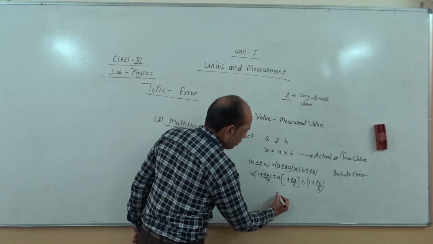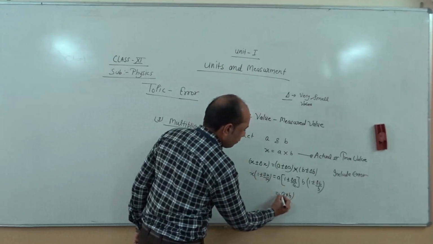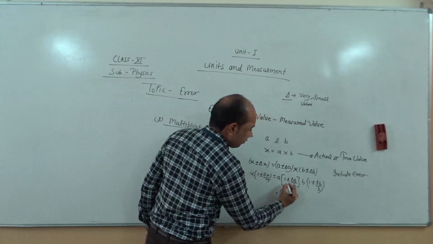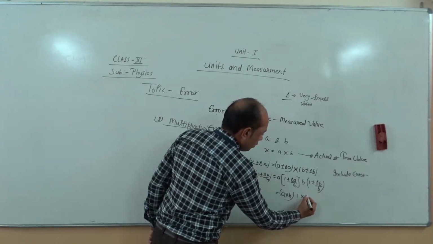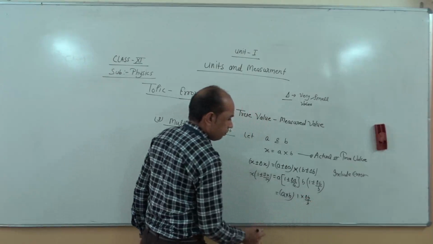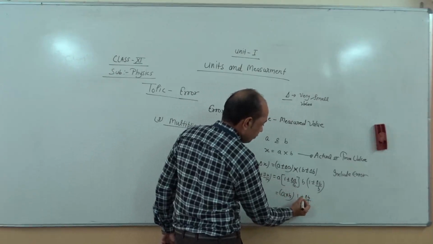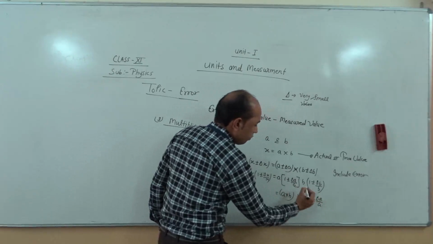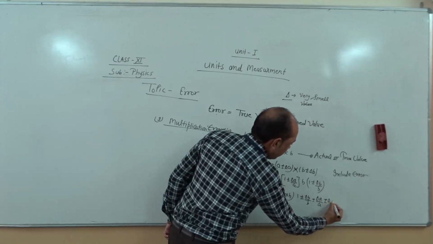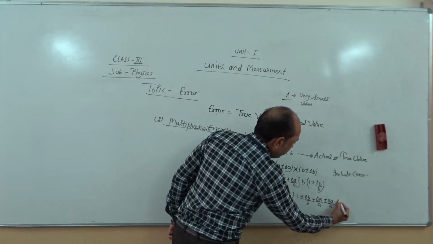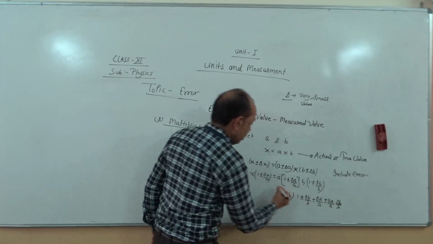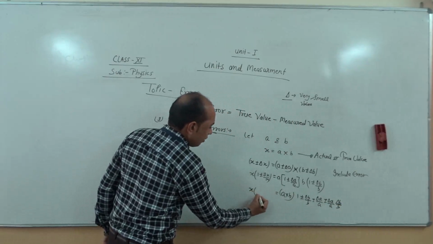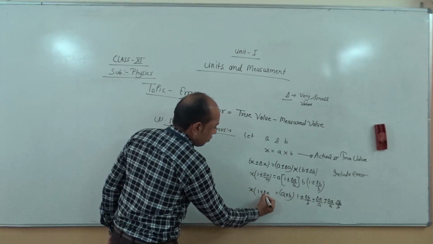So it is a cross b, 1 into 1, 1, 1 into del b upon b, plus minus del a upon a, now plus minus del a upon a with del b upon b, and here x times 1 plus minus del x upon x.